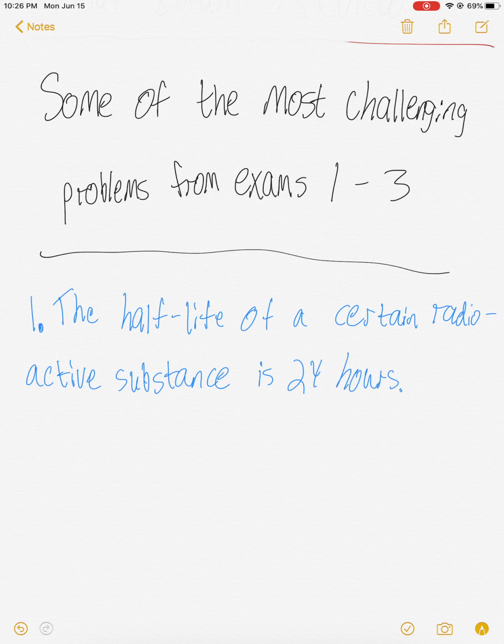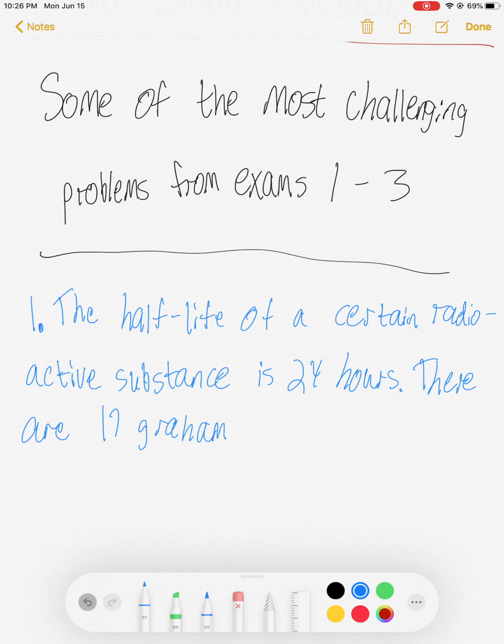And this is an application. So we have that the half-life of a certain radioactive substance is 24 hours.